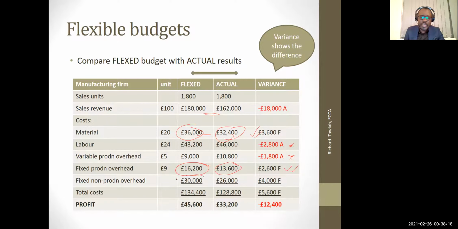We thought we would be spending 30,000 for fixed non-production overhead; we actually spent 26,000. We saved. At the end of the day, we saved a total cost of 5,600. But if we knock it off against the revenue we lost, we realize that we actually lost so much. So it was adverse, unfavorable to the organization.